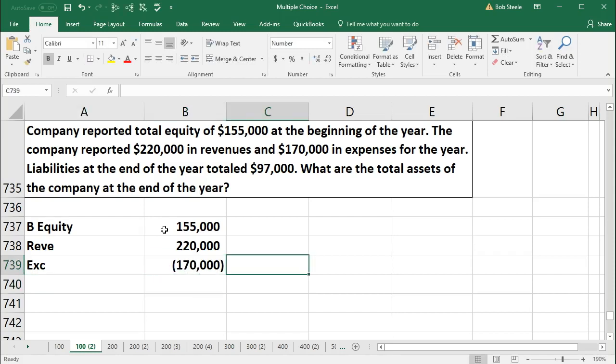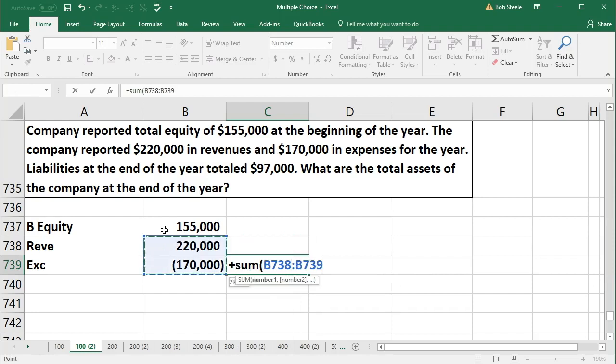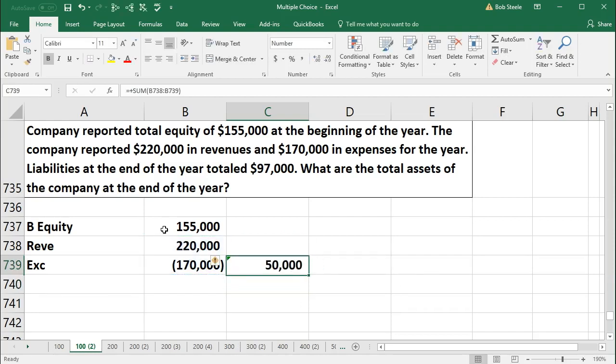Obviously if we were to sum those two up, taking the 220,000 minus the 170,000, that would be net income, a net increase to the equity. But we can just put these two in our calculation. That'll be a bit faster if we're just punching this into a calculator. 155,000 increased by 220 minus the expenses of 170.